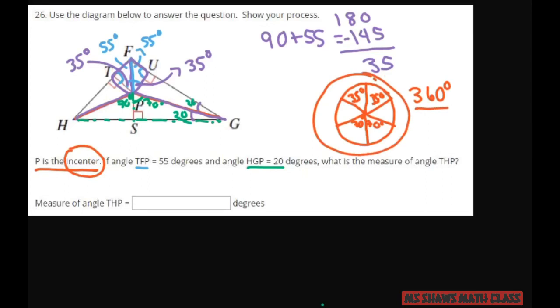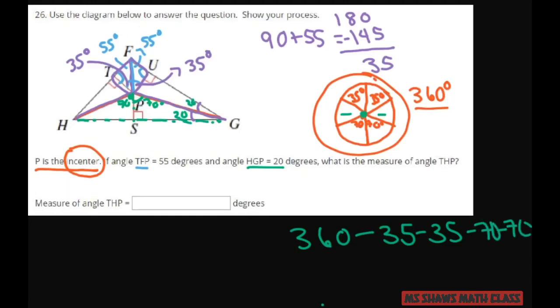But since we're talking about angle bisectors, these two sides have to equal each other. So these two, that's your incenter, have to be equal. If I add this up, I'm going to get 360 minus 35 minus 35 minus 70 minus 70.